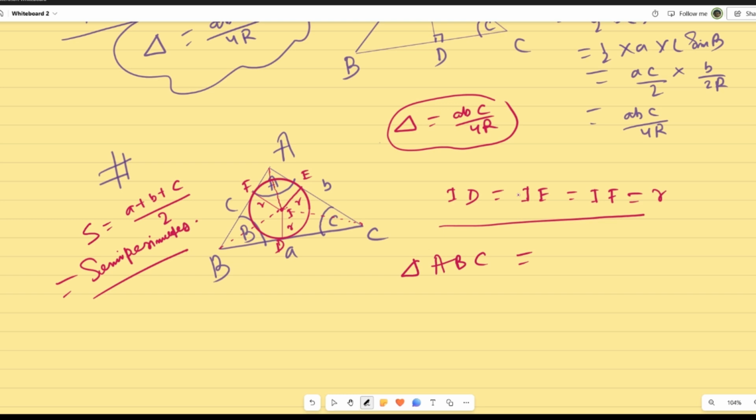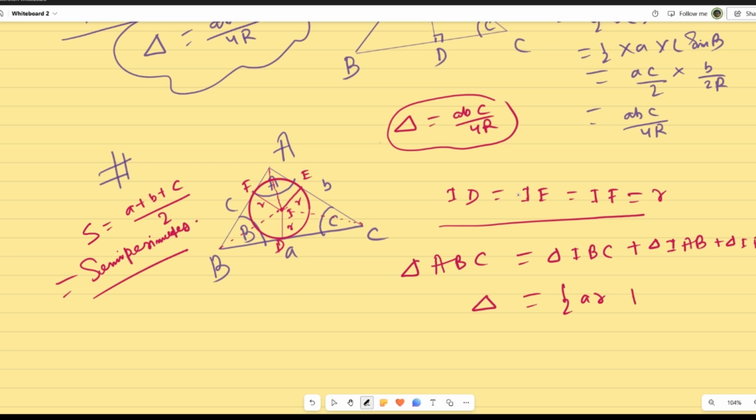Yeah. When you are writing ABC, it is area of IBC, area of IAB, area of IAC. So delta equal to IBC area will be what?